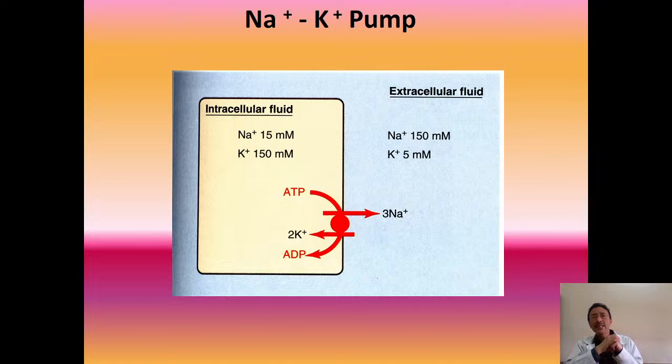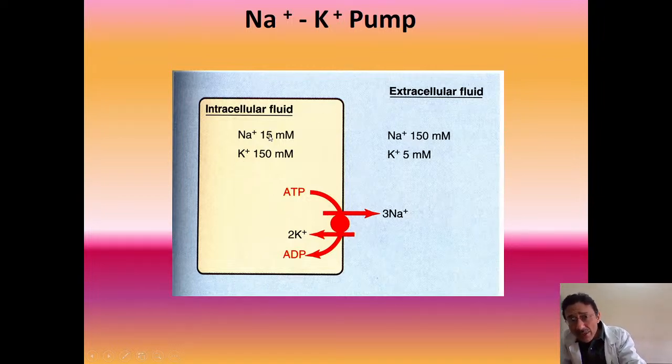Now let us briefly discuss the sodium potassium pump. To understand this, we have to go back to the concentration of the electrolytes in the ECF and the ICF. If you see the slide, there is one square box, which is the cell, lined by a cell membrane. There is the intracellular fluid, and the outside in blue is the extracellular fluid.